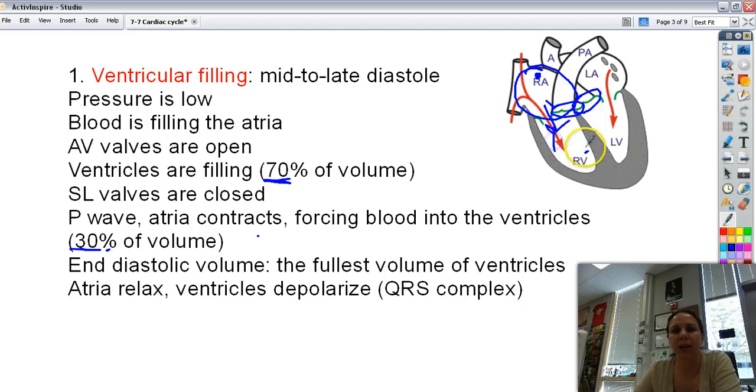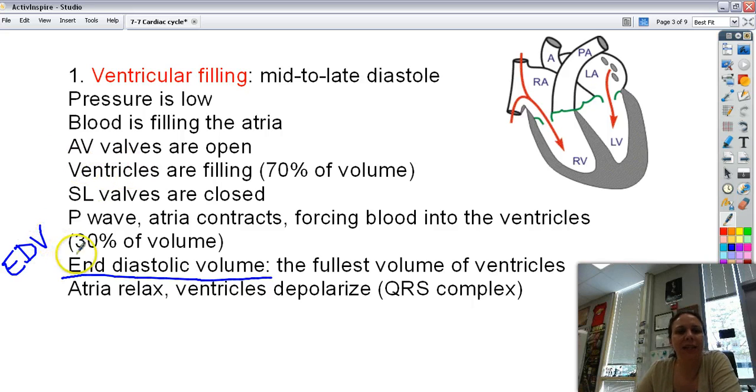Most of the time the blood is just running through there, but then the atria contract to force the rest of it in. And then you get what is called the end diastolic volume, also known as EDV. The end diastolic volume is as full as the ventricles can get. They are packed full. They can't hold any more. So that's end diastolic volume.